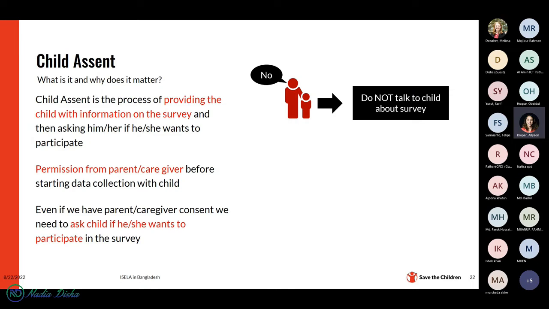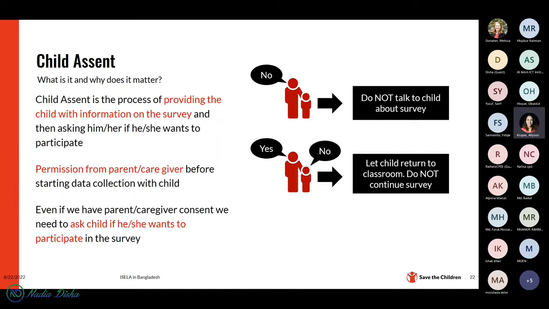But even if we receive the parent and caregiver permission, we still need to confirm with the child if they want to participate. So if the parent says no, that's the big person here on the right, we do not talk to the child about the survey at all. If the parent says yes, but the child says no, then we let the child return to the classroom or the community center or wherever it is.